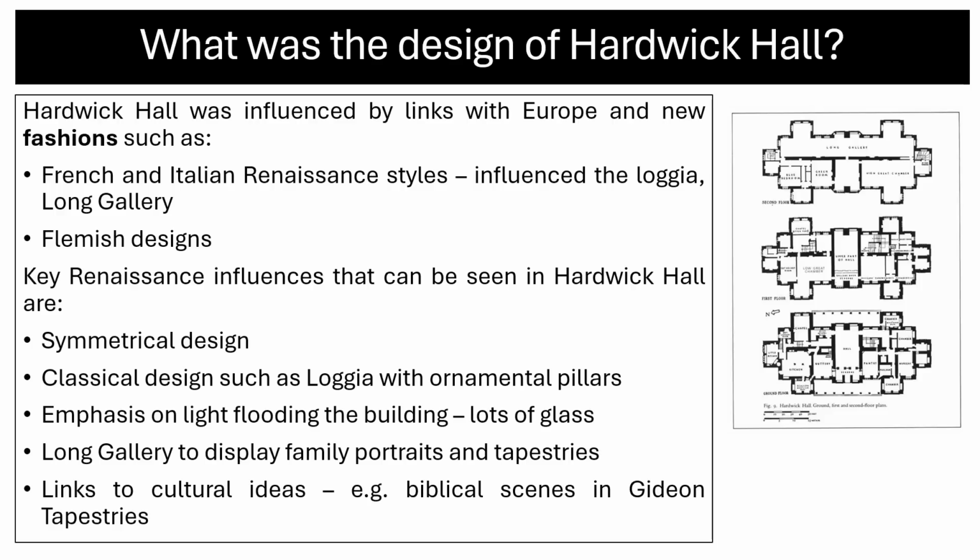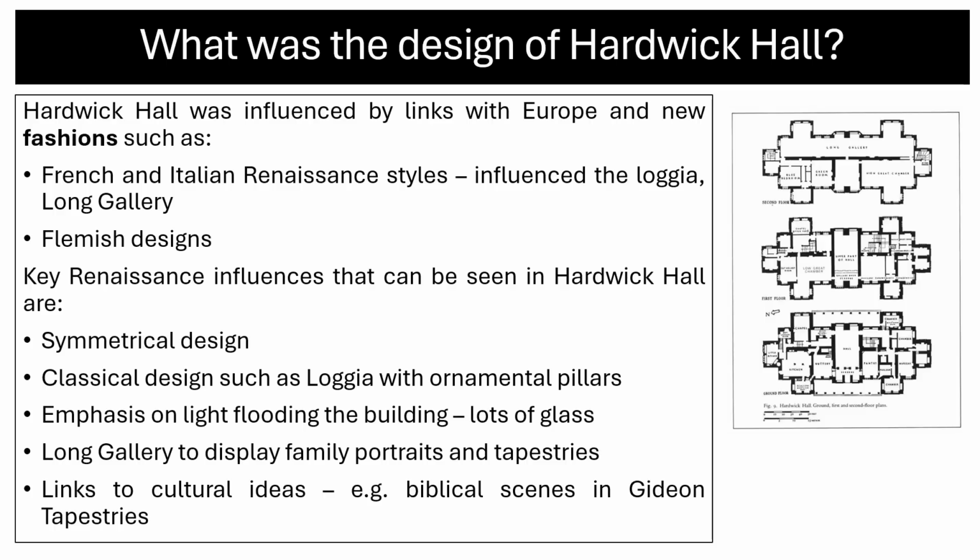So the design of Hardwick Hall, if you're thinking about what makes it designed in this way, is very much influenced by French and Italian Renaissance styles. You've got things like the loggia and the long gallery, and there are Flemish designs as well. The key Renaissance influences that can be seen are the symmetrical design, classical design with the loggia and the ornamental pillars, the emphasis on light flooding the building through the loggia, lots of glass, and the long gallery to display family portraits and tapestries of things like biblical scenes, showing Bess's cultural awareness.